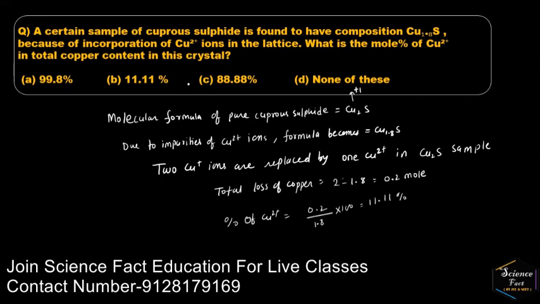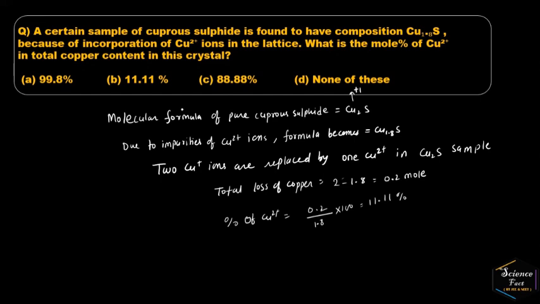While this question can also be solved on the basis of the electroneutrality principle. Since we have the formula Cu1.8S, you can consider that whatever number is given with the atom, with copper it is 1.8 and with sulfur it is 1.